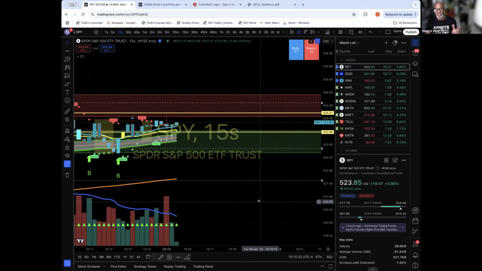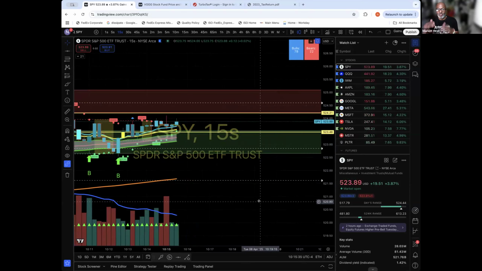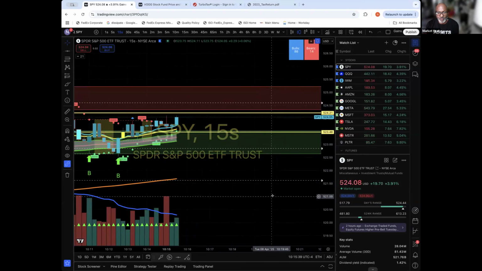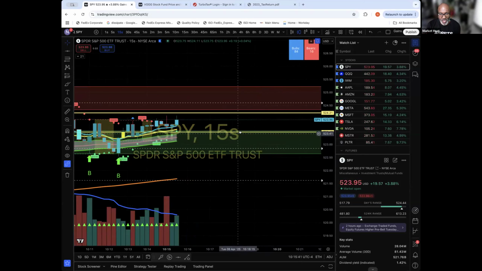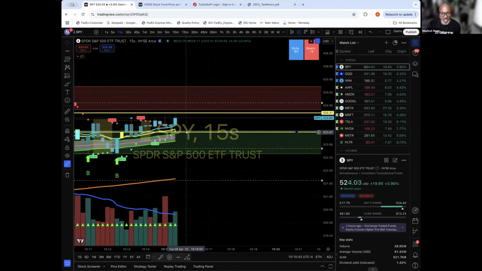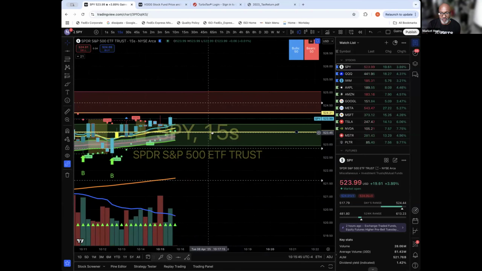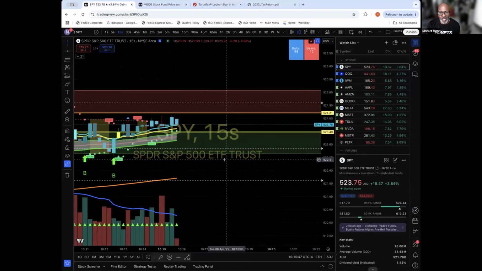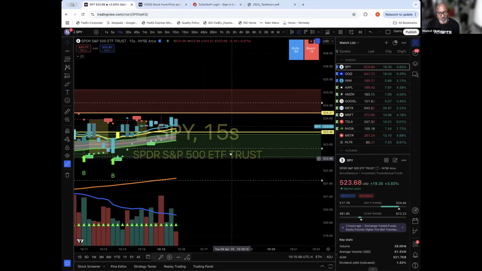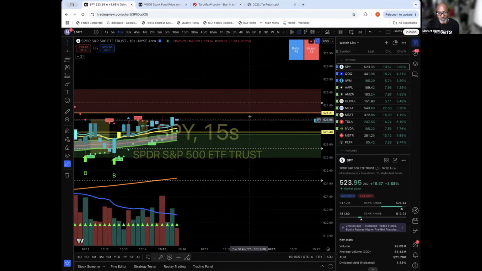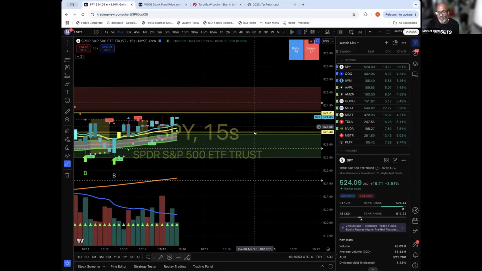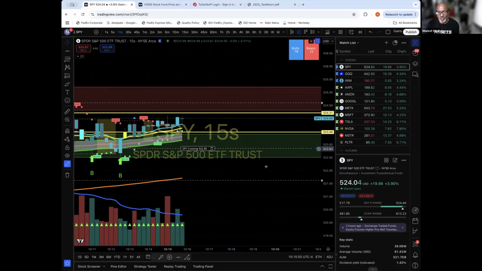I'll get more in detail on how to set these levels specifically based on the candles and the wicks. So what happened? It got to this level of 53.48 and it rejected. And then it went up to attempt to hit this level of 524.21.